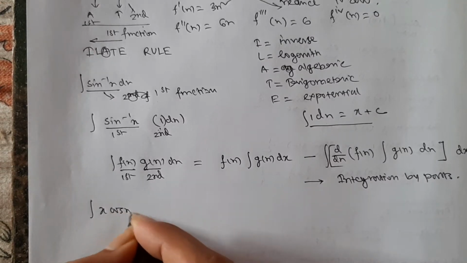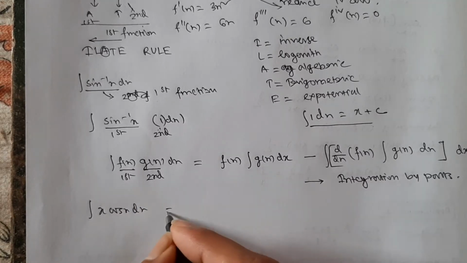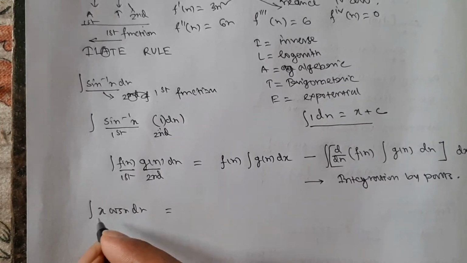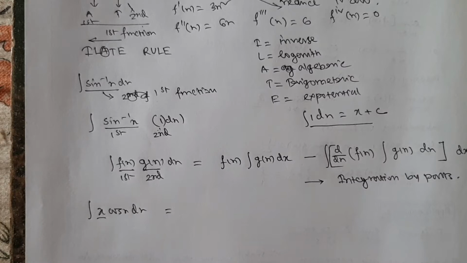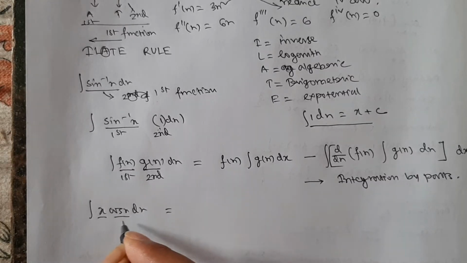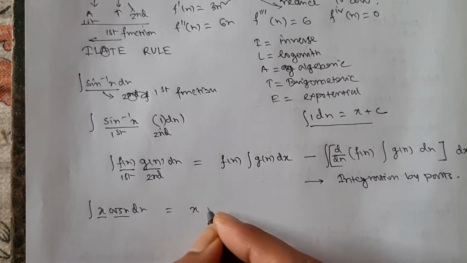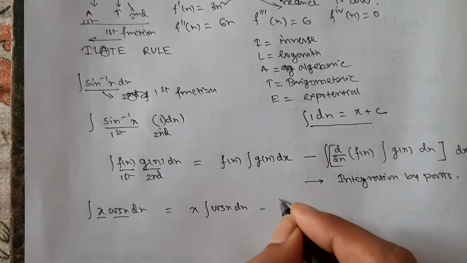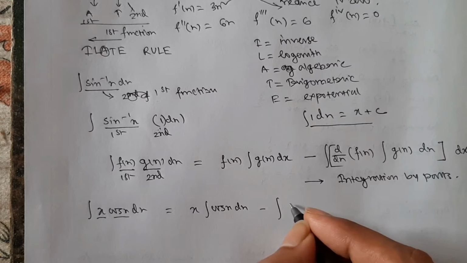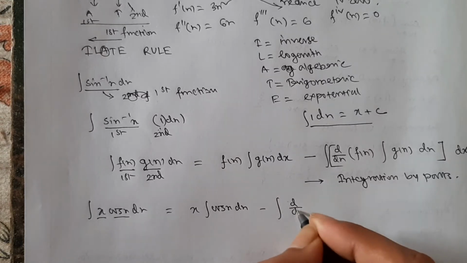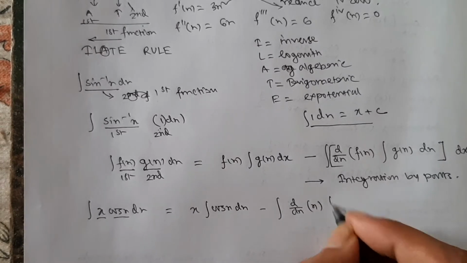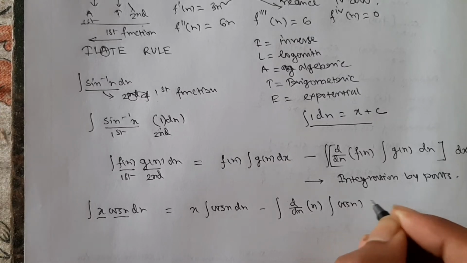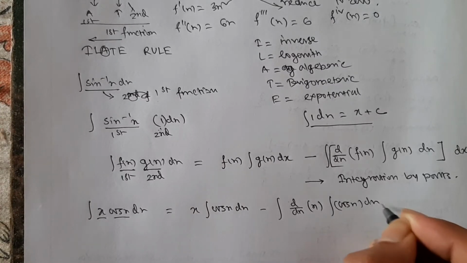The integral of x cos x dx is equal to, this is the first function and this is the second function, so x times the integration of cos x dx, minus the integral of d by dx of x times the integration of cos x, dx.